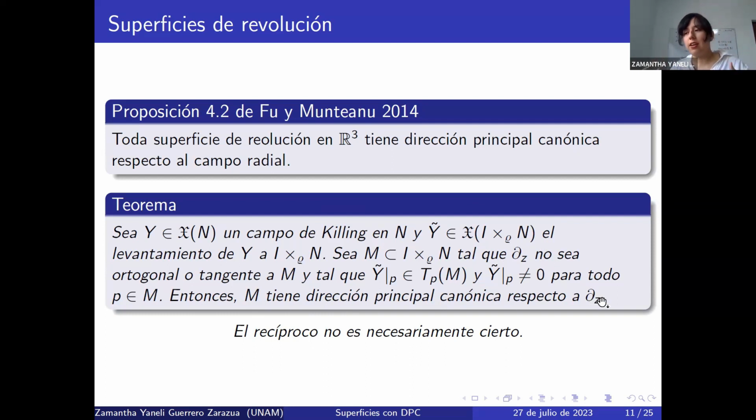So that leads us to think, okay, if a surface is a surface of revolution, then it has canonical principal direction. The reverse is not true. If it has canonical principal direction, it's not necessarily a surface of revolution. One of the examples was, well, we already saw that before.